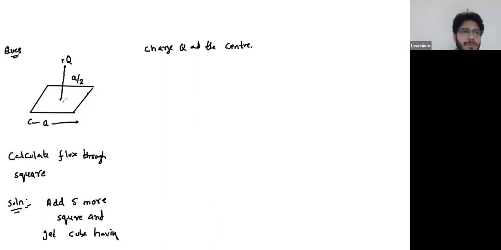So charge q is placed at a separation a by 2 from the center of the square. You're supposed to calculate the flux through this square. To calculate it, we first made a closed surface. We add 5 more squares and get a cube having charge q at the center.